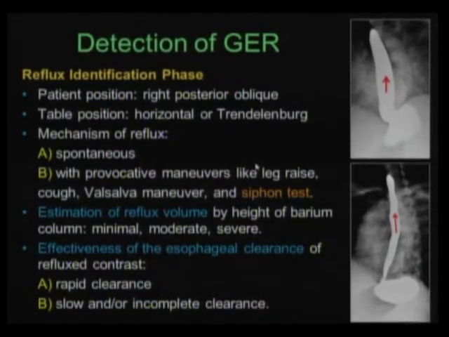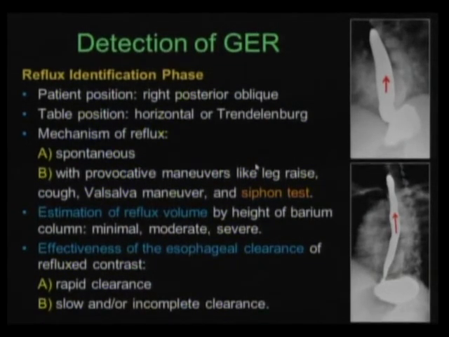Usually the table is in horizontal or Trendelenburg position. We try to see if this is spontaneous or with provocative maneuvers, like increasing the abdominal pressure or the siphon test.